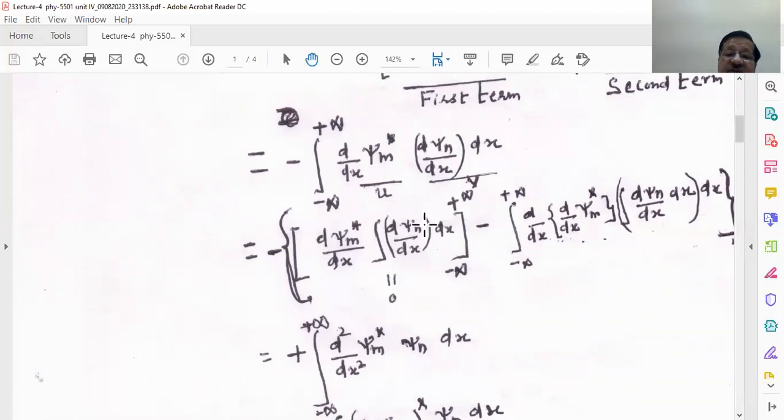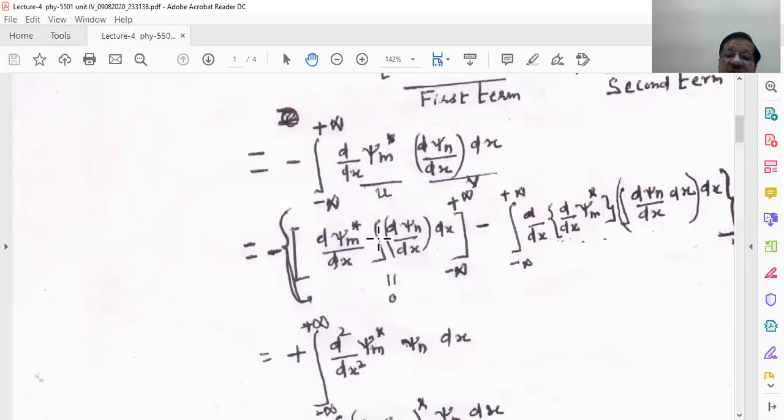So when you keep psi n at the one extreme end, that is at plus infinity, the wave function at infinity is zero, and psi n at minus infinity is also zero, both at the extreme ends. And so this term once again vanishes, because the wave function at infinity is vanishing. So this term is disappearing.